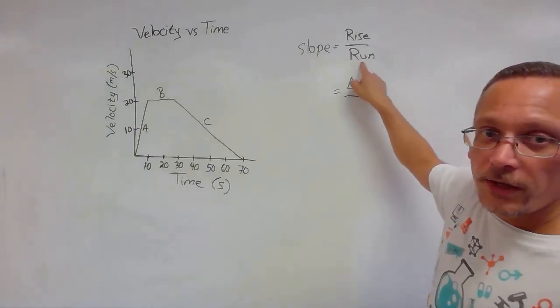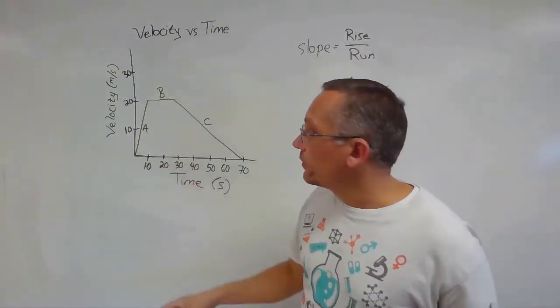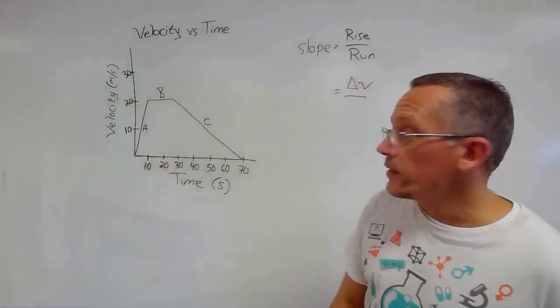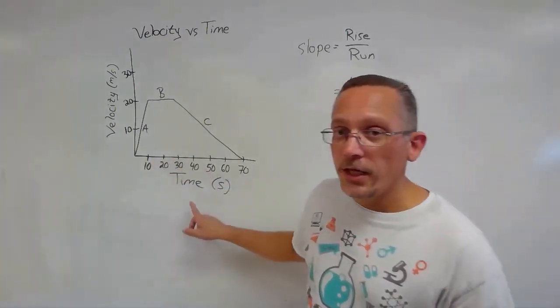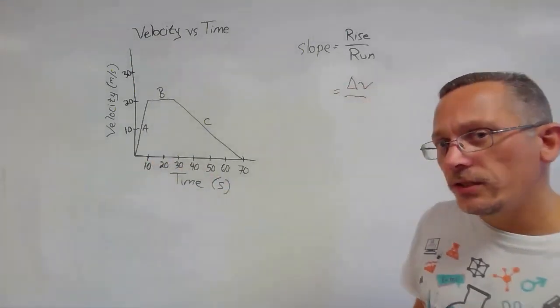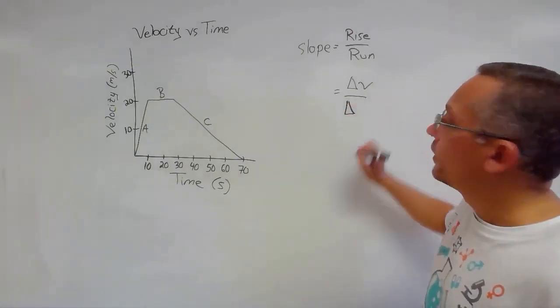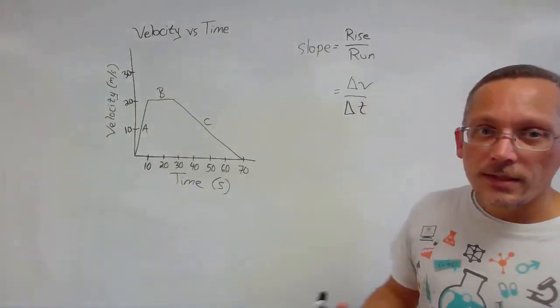Okay. What about the run? The run is the change in what's on the x-axis, right? What's on the x-axis is time. So the run is the change in time. How do I write change in time using variables? Well, change is delta, and time is t.